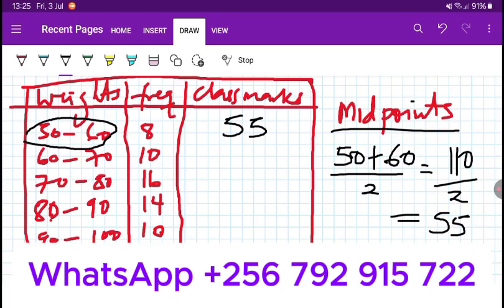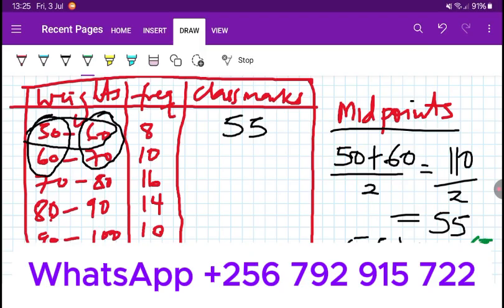Then we do the same to the second class, 60 plus 70 divided by 2. Now, the other option that you can use, you can get the class interval. You know what is the class interval? From 50, remember we said to get the class interval, you pick either this side and you subtract, or this side and you subtract. You'll find that it's 10. So for the next class, it will be 55 plus 10. That will give you 65.